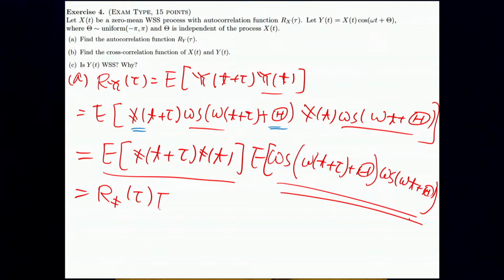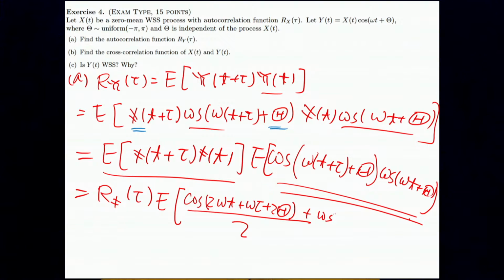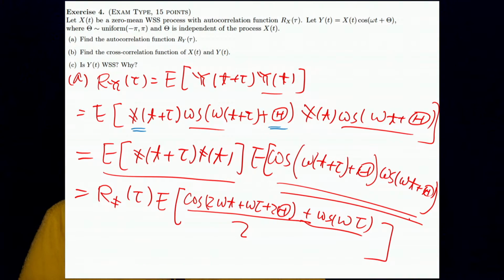Well, it's cosine of 2 omega t plus omega tau plus 2 theta, plus cosine omega tau. Use the formula for multiplying two cosines together.